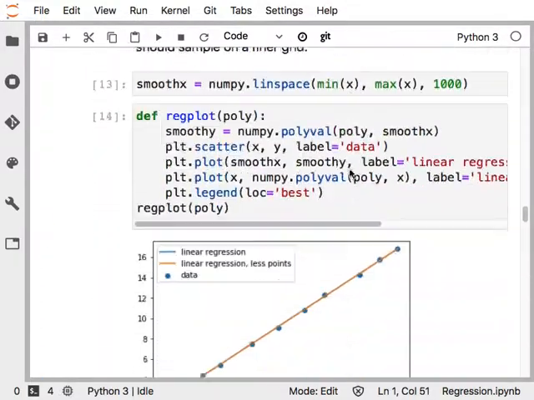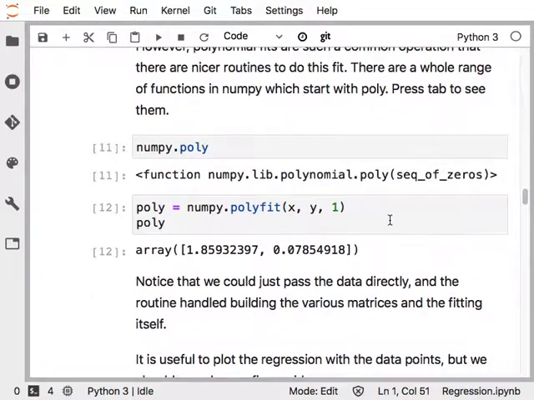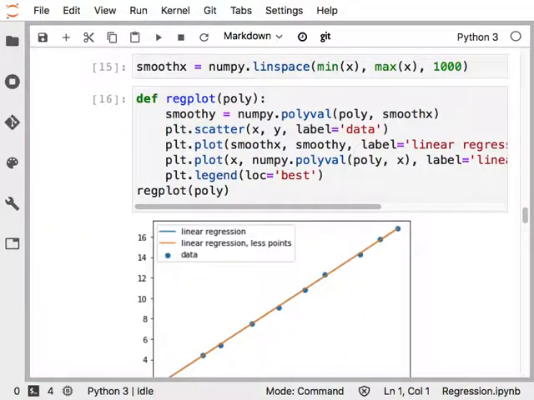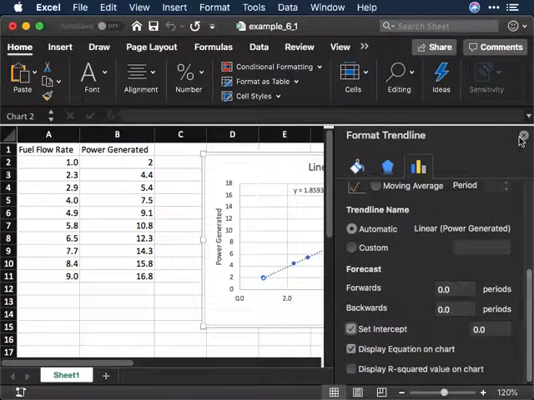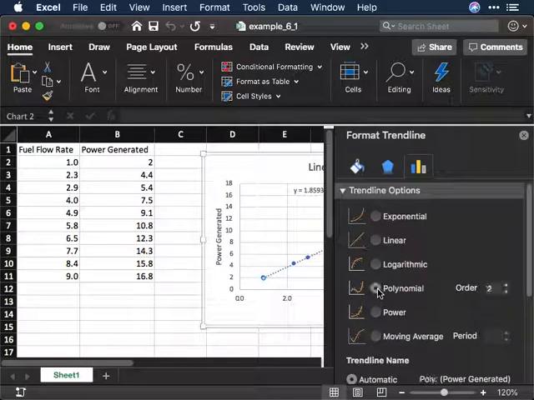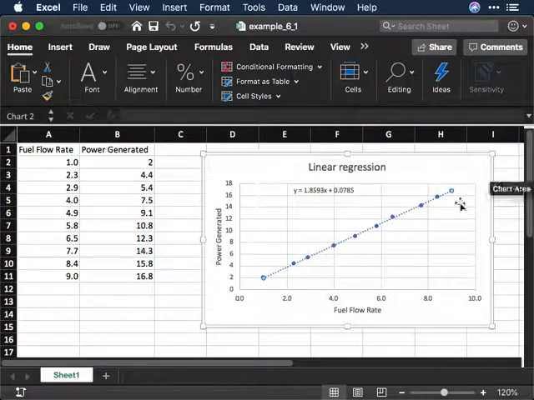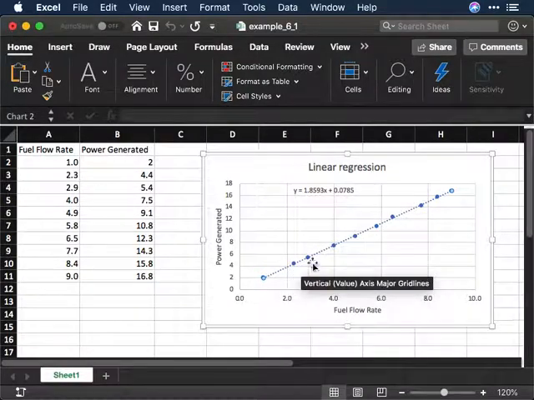Polyfit also allows you to fit higher order polynomials. And one thing that I really advise you to do, when you're doing polyfit, I really hate the way that Excel handles higher order fits, because if I take a polynomial and I fit like an 8th order polynomial or like a 6th order polynomial, it looks artificially amazing on the plot because Excel only evaluates the polynomial at the function values.